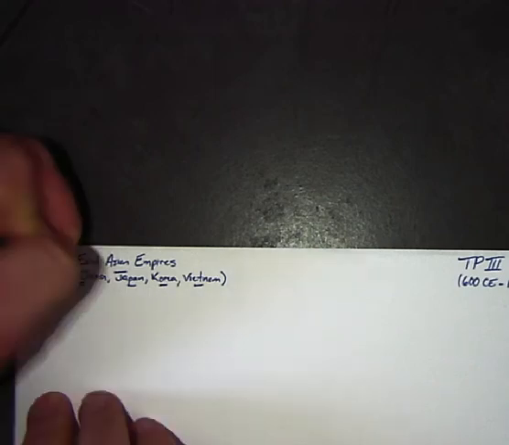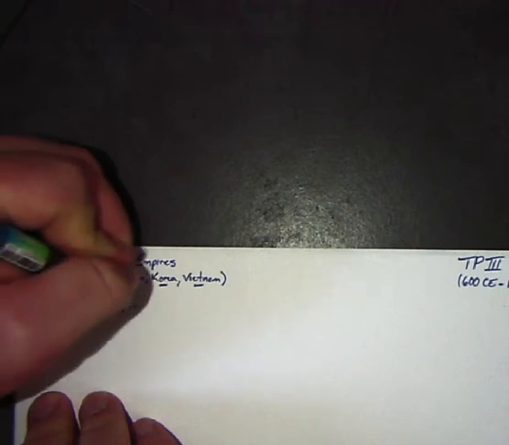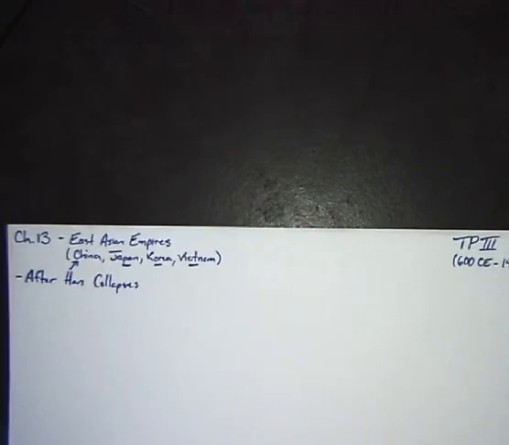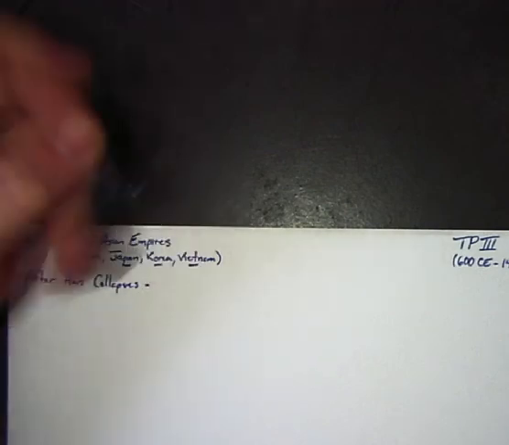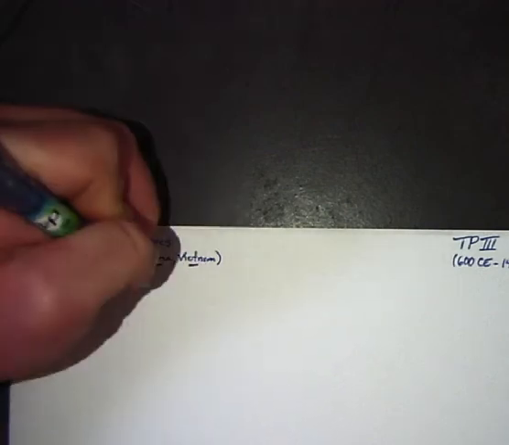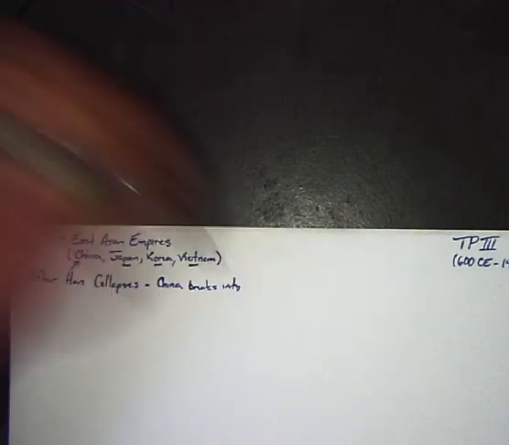So after the Han Dynasty collapses, China again falls into a period of chaos. China breaks into 3 or 4 smaller kingdoms.